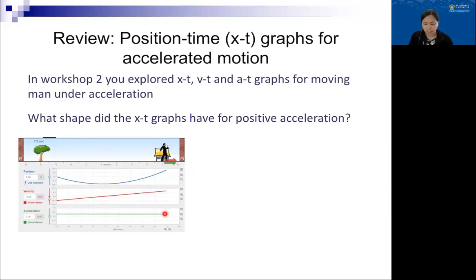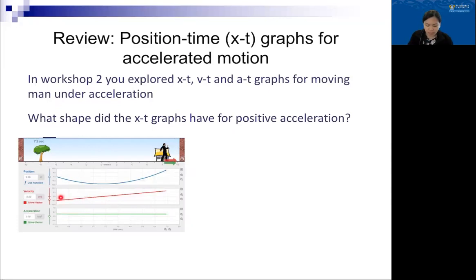Now the question is, what shape of position time graph will give you a velocity that is a straight line going upwards? Because we have already learned that if you have a position time graph and get the slope of that position time graph, you should get the velocity.